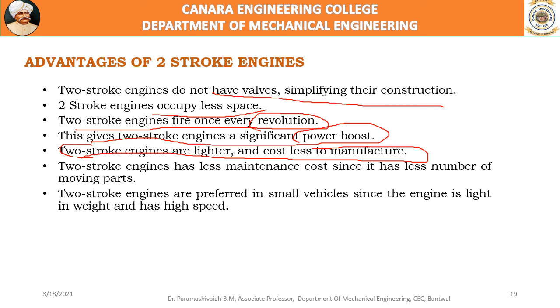Then the injector has to be designed and developed to inject the fuel at high pressures. Then the compression ratio is more, so we have to design bigger engines. So compared to four-stroke engines, two-stroke engines are light.